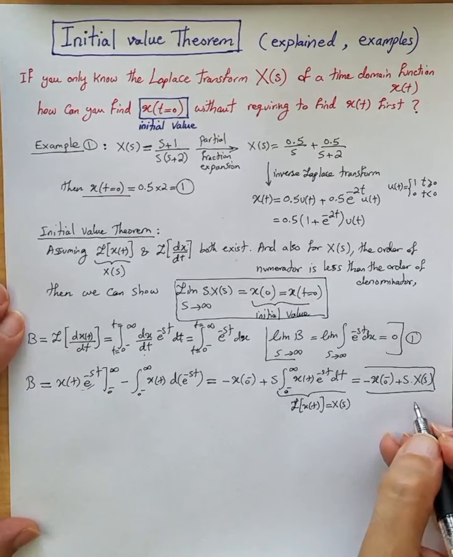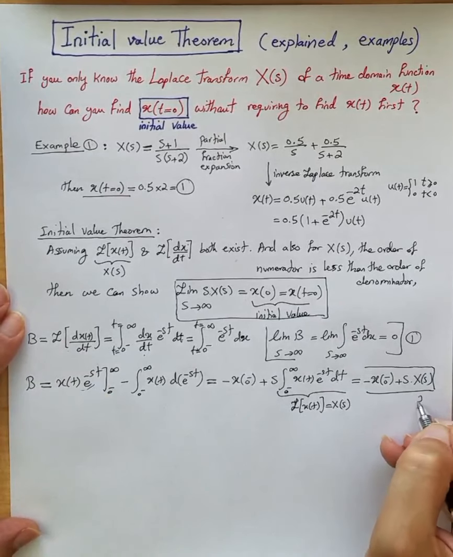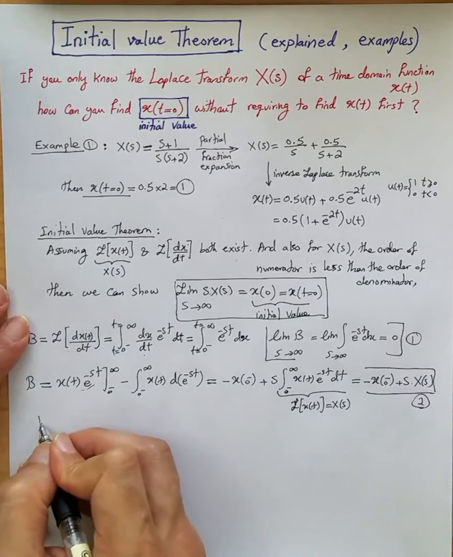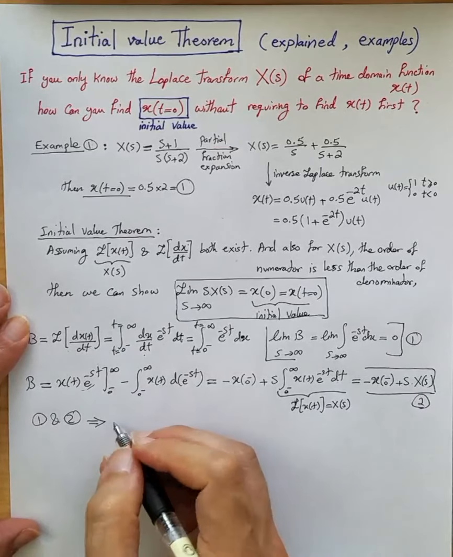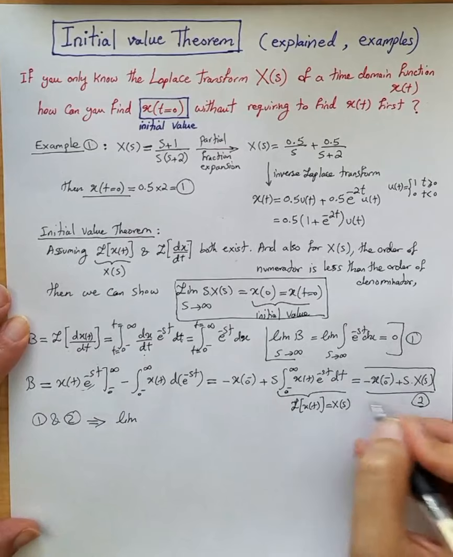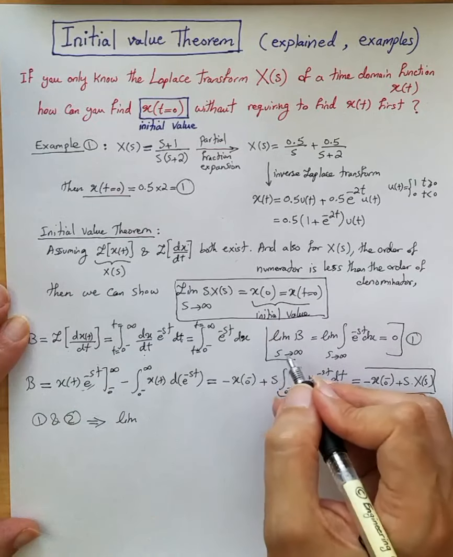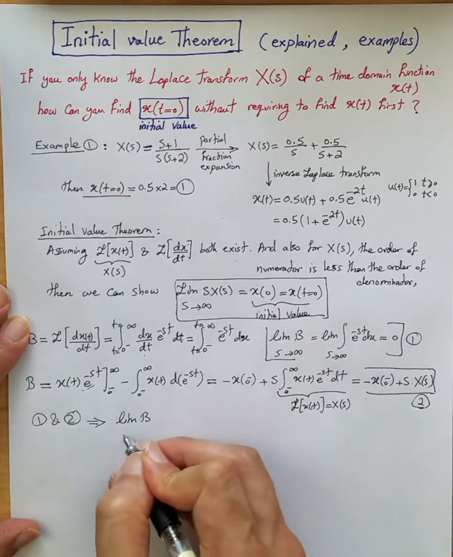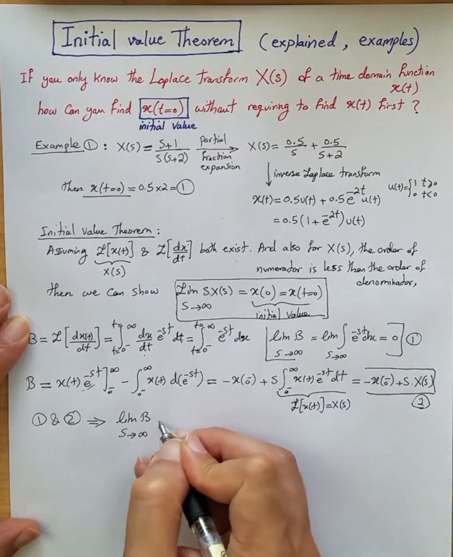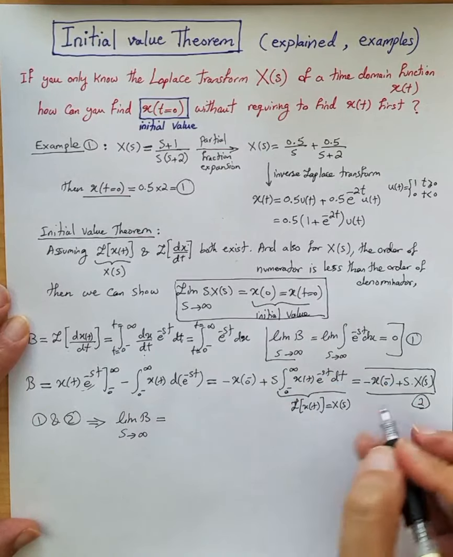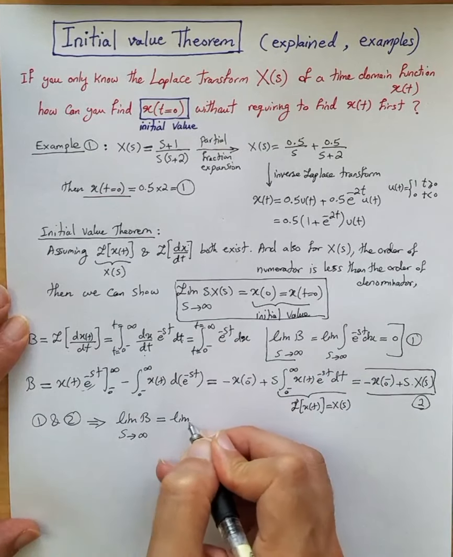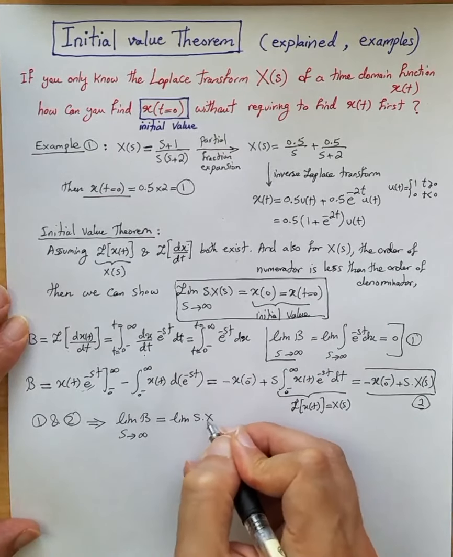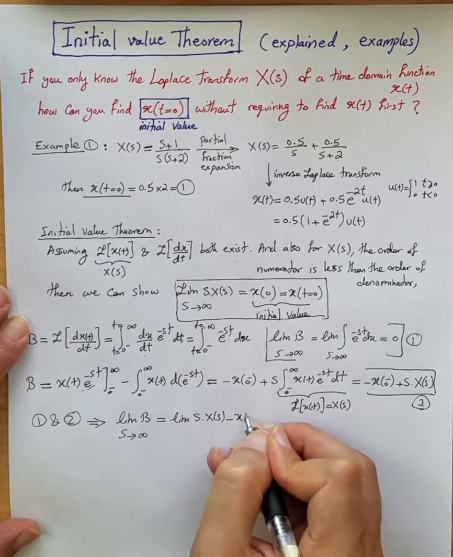Alright, so from 1 and 2, what we can say is the limit of this side should be equal to that side. So the limit of b when s goes to infinity is equal to, taking from the second equation, the limit of s times x of s minus x of 0 minus.